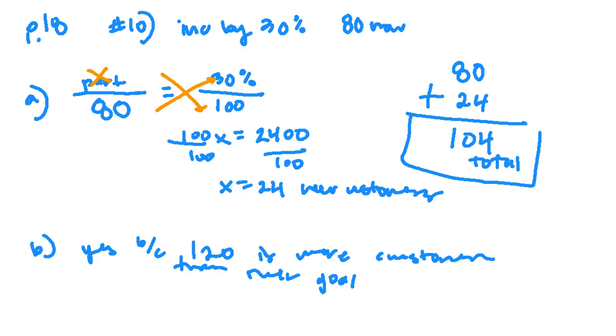I think what I want to do now, because I don't recall doing one in this particular section where you were solving for the whole. I think the ones that I did, if I'm not mistaken, you were solving for the part. So I think what I want to do is make one up.